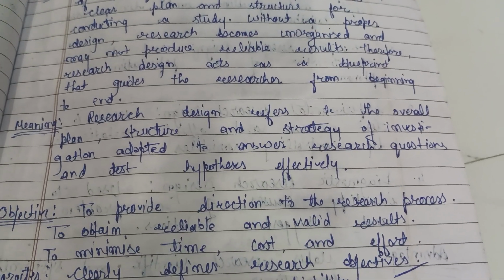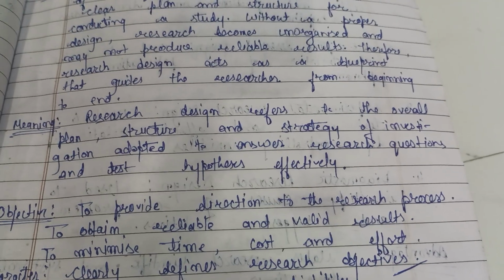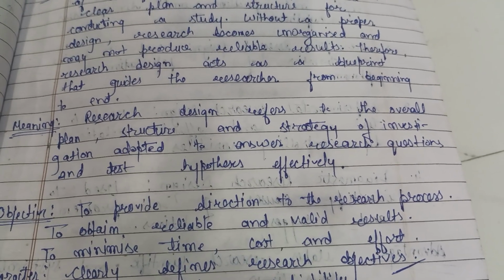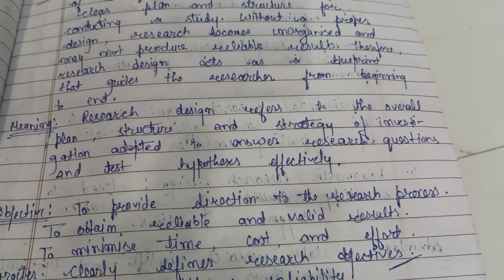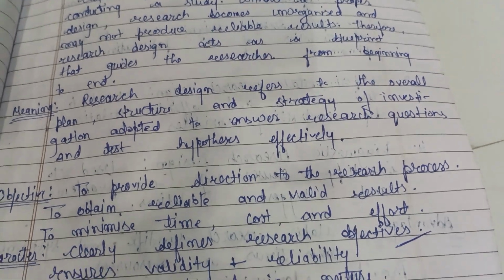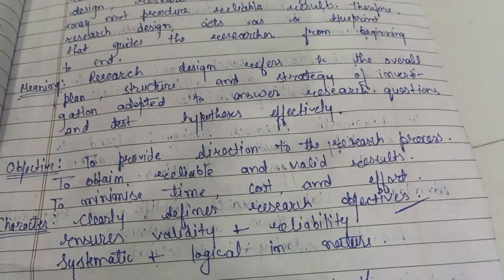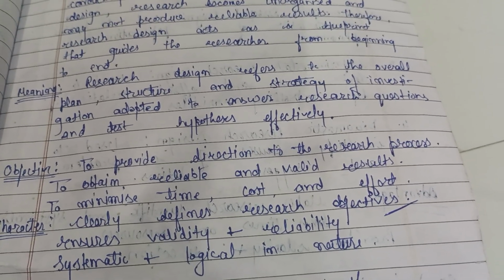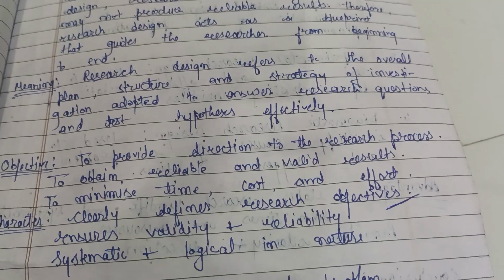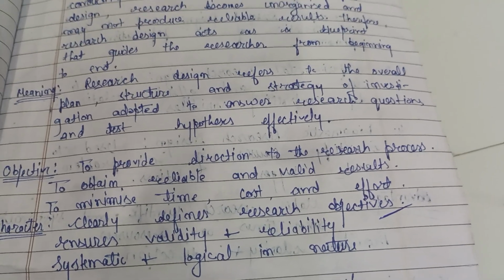Meaning: research design refers to the overall plan, structure and strategy of investigation adopted to answer research questions and test hypotheses effectively. Objectives: to provide direction to the research process, to obtain reliable and valid results, to minimize time, cost and effort.